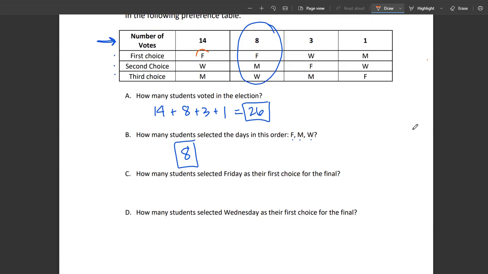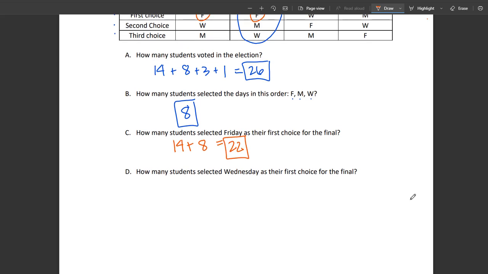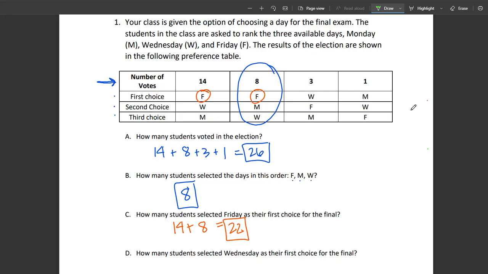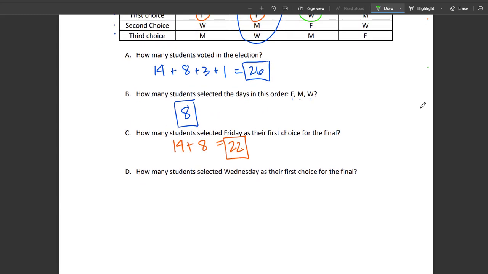So Friday, first choice, we have 2 columns. So we have 14 plus 8 gives us 22 students. On D, it says how many students selected Wednesday as their first choice. All right, so Wednesday is their first choice. We have this column right here. So we have 3 students.